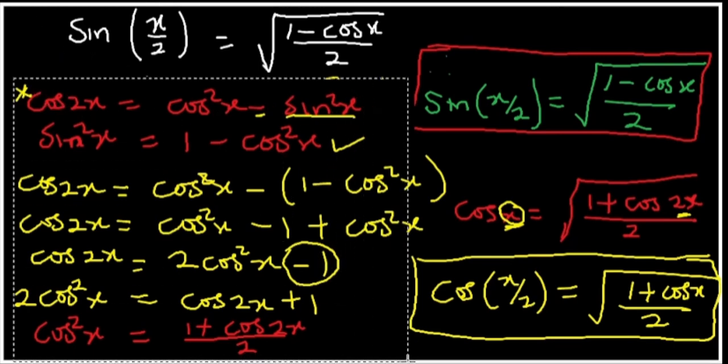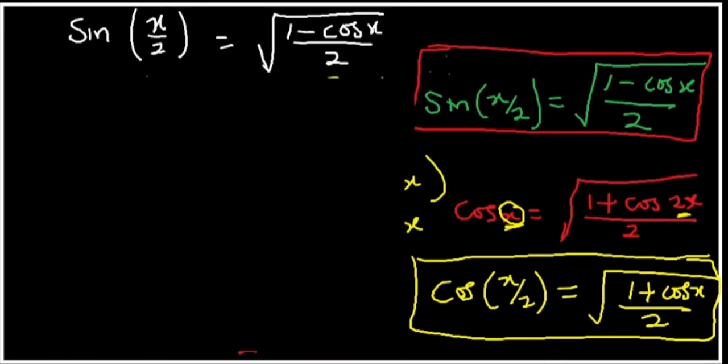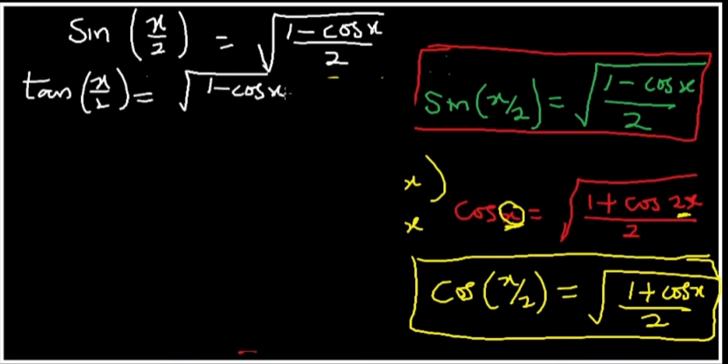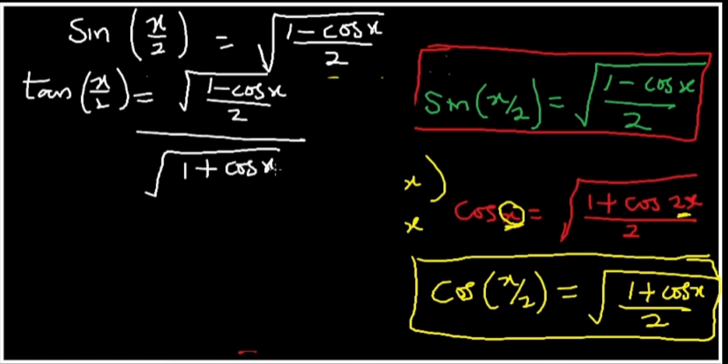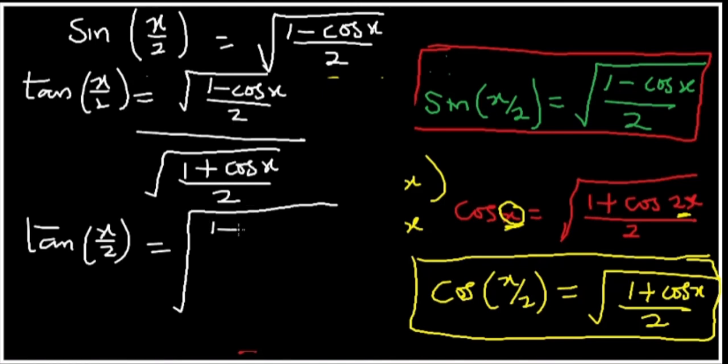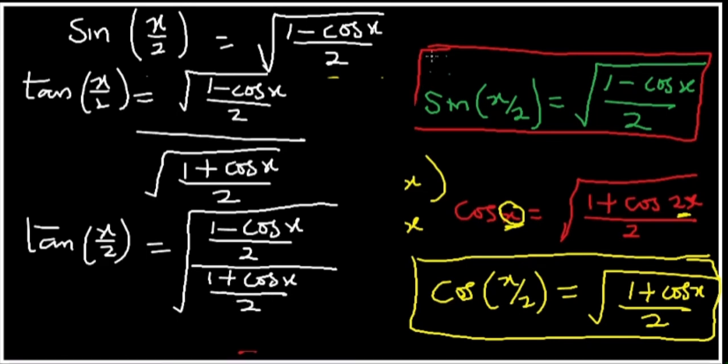So for tan of the half angle actually, sine is the root of 1 minus cos x over 2, over the root of 1 plus cos x over 2. Then from the law of surds, this can be written as all of this, 1 minus cos x over 2 over 1 plus cos x over 2, because we both have square root, so you can just bring it over. So this cancels this one.